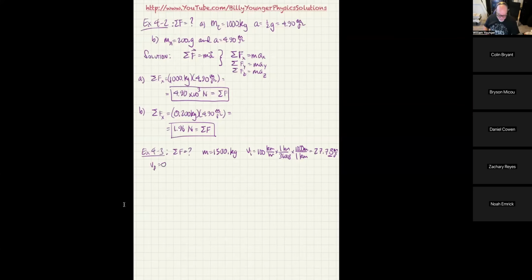So I'm looking for solution. I'm looking for an expression for the total force. And we know the total force in the x direction is equal to mass times acceleration in the x direction. But in order to have that, I need the mass, which I have, but I also need the acceleration, which I don't have.